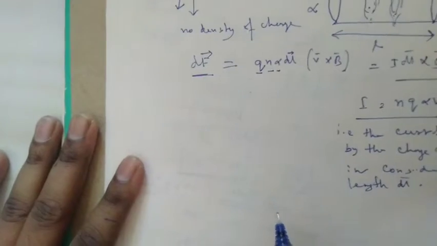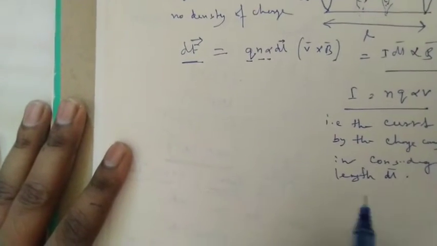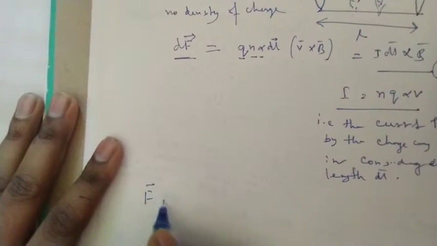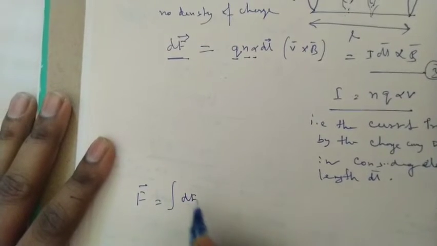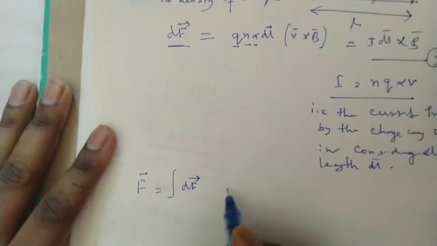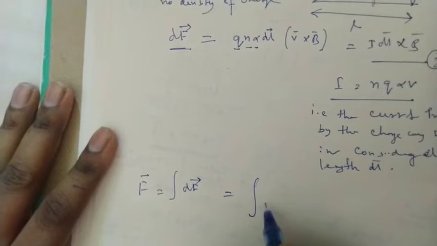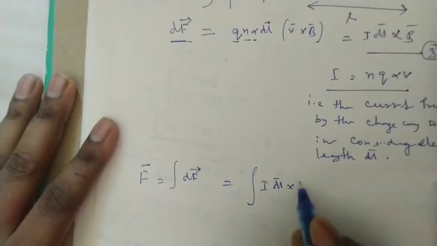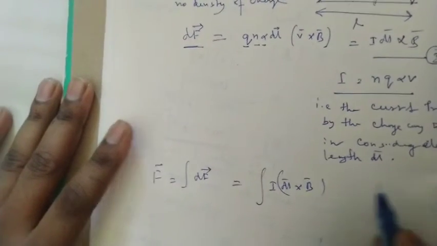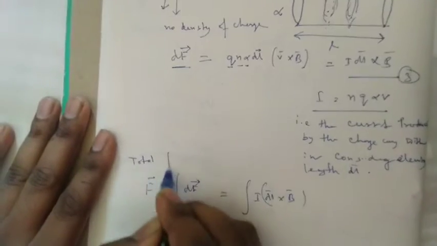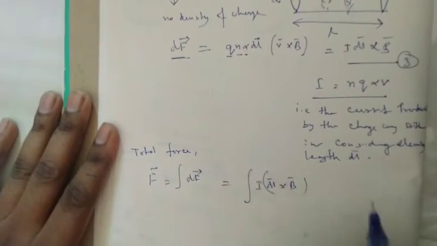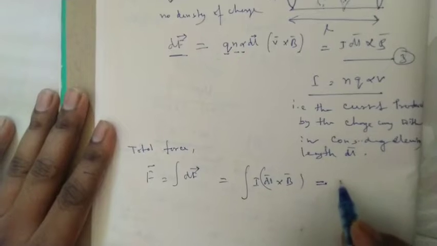If you want to find the total force on the whole conductor, then F is the integral over dF, that is, the integral of I dl cross B. I is constant, we can take it out.